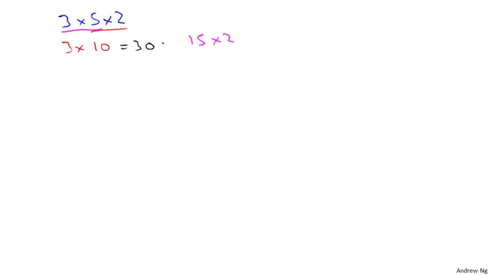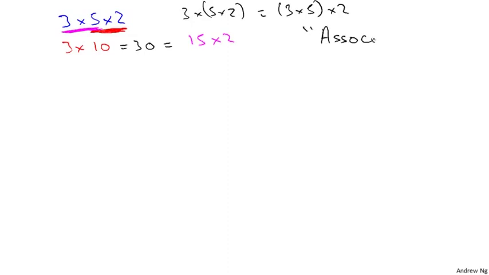Both of these are equal to 30. It doesn't matter whether I multiply 5 times 2 first, or 3 times 5 first. This is called the associative property of real number multiplication.